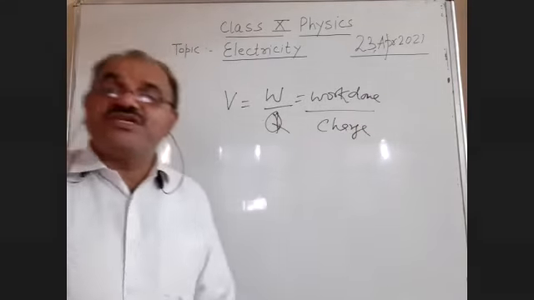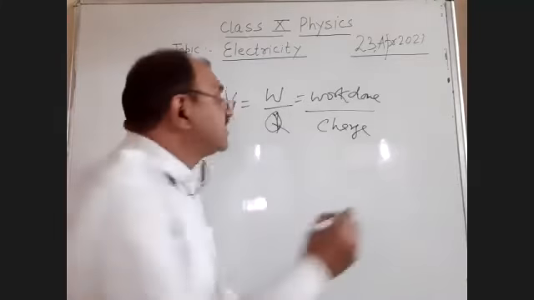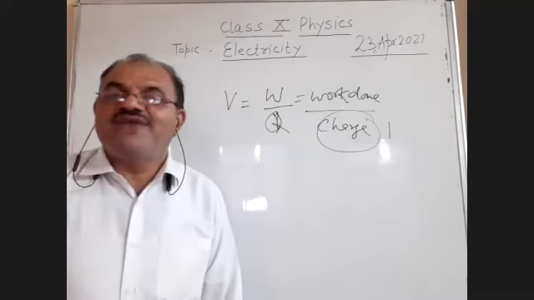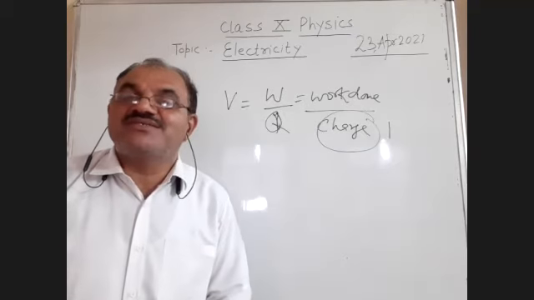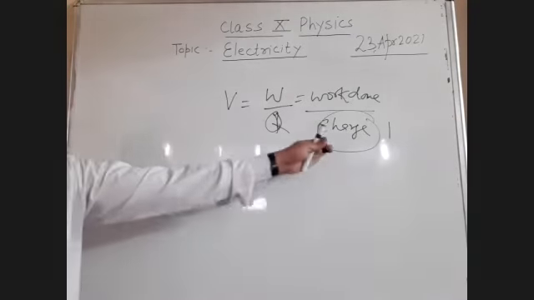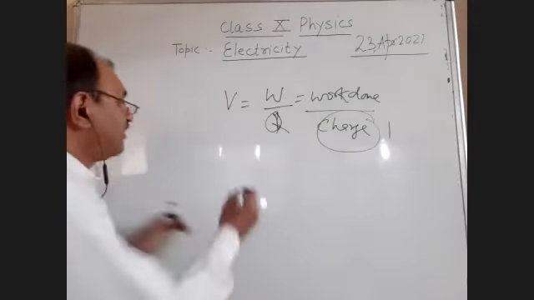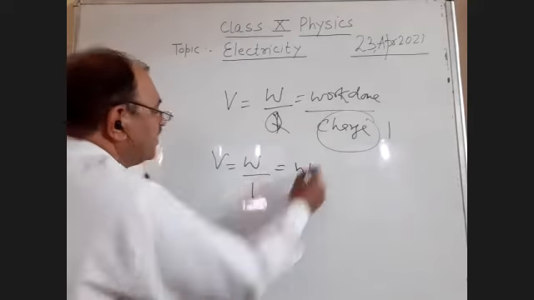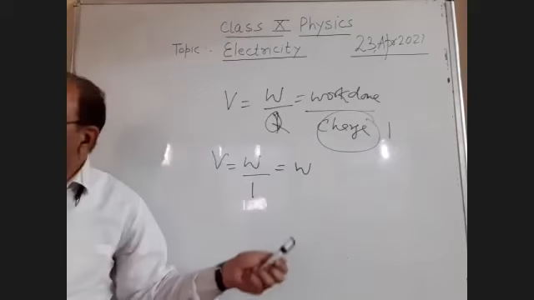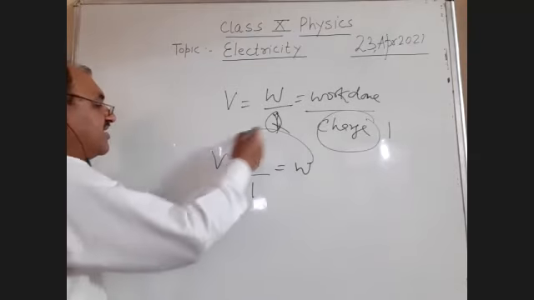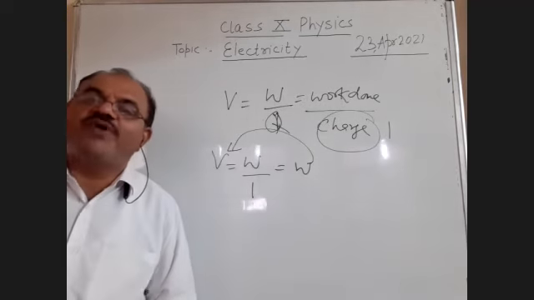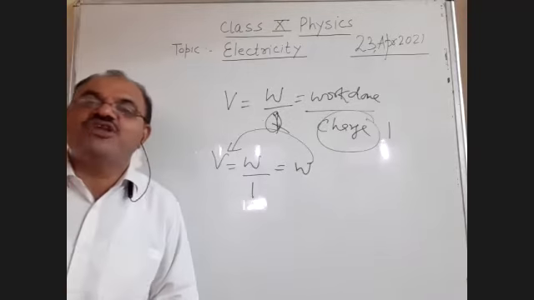Here I am using the words unit positive charge. Unit means one. Is it clear, students? When the charge is 1 coulomb, V is equal to W by 1, which is equal to W. Now directly I can say the potential is the amount of work done in bringing the unit positive charge from one point to another point. This is the definition of the potential.